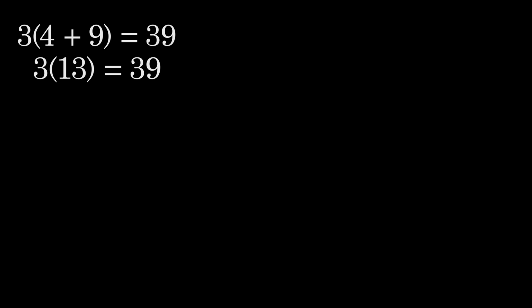And given this, it's very simple to see that the relationship between 3 and 13 that results in 39 is if we multiply 13 by 3. Since we know that 3(13) must equal 39, then we can implicitly use the parentheses as multiplication here. That is what justifies us saying that parentheses are implied multiplication.